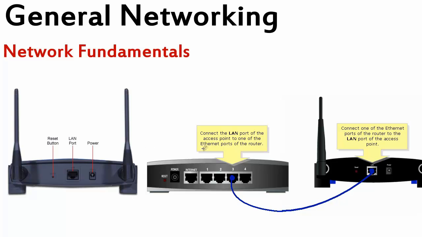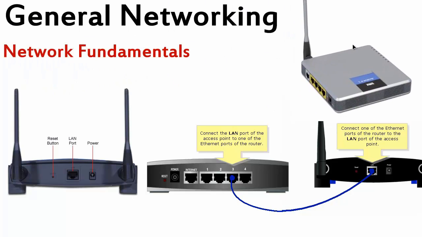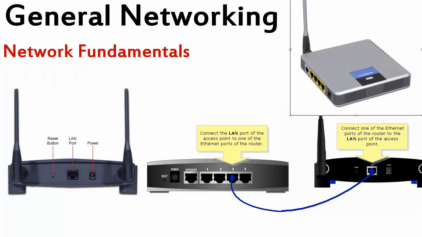Now an additional question. Is it possible to use a router with a built-in access point, or what we say a wireless router, and connect it like that? And the answer is yes, of course, you can do that. You can take a router, I just found one, it doesn't really matter. You take a router like that, then you grab a cable, and you connect it like that.